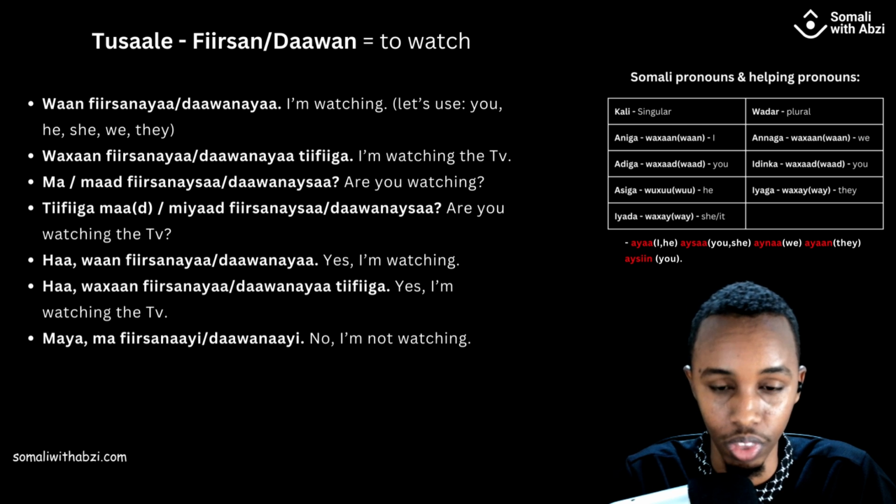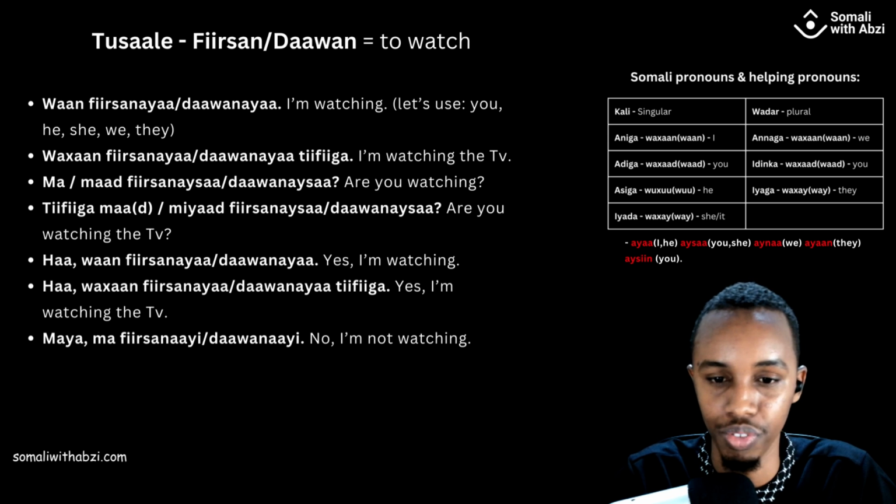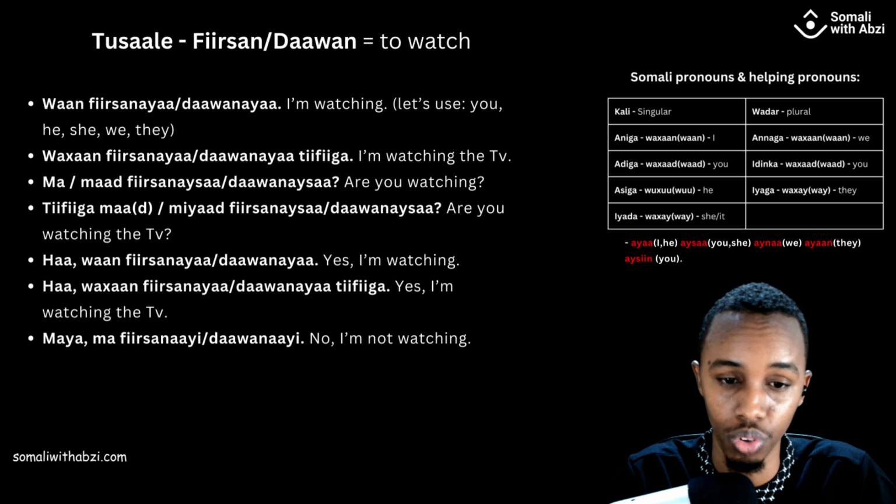Ma daawanaysaa? And then for a short answer, yes, I'm watching: haa, waan fiirsanayaa, haa, waan daawanayaa. Just haa. Then for a complete answer, haa, waan fiirsanayaa TV-ga or haa, waxaan fiirsanayaa TV-ga. That's also very useful, to only say haa. For the negative, I'm not watching, so ma fiirsanayi or ma daawanayi.